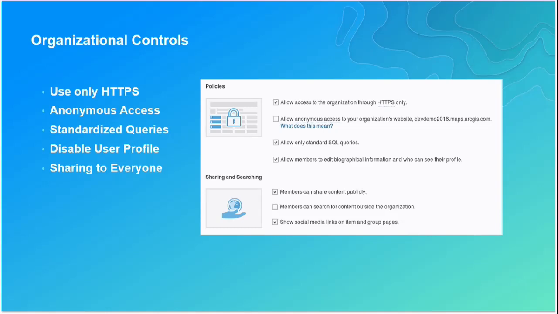The disable user profile, that's this bottom one right here. You can't see my mouse, but the allow members to edit biographical information and who can see their profile. This falls in line with the EU GDPR. What is that? That's the General Data Protection Regulation, which I believe is implemented in May this year, and it's going to require companies in Europe to protect their personally identifiable information, or PII, in order for ArcGIS Online to be able to fall in line with that.